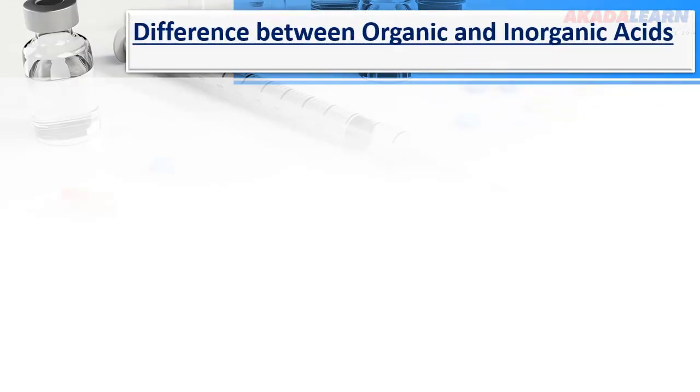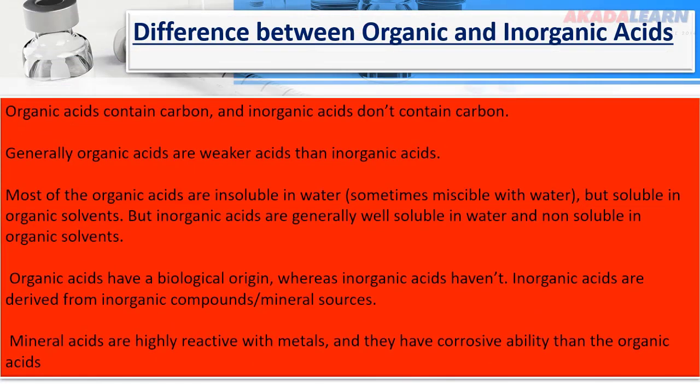So now let's take a quick rundown of the difference between organic and inorganic acids. Organic acids contain carbon, and inorganic acids necessarily do not contain carbon. Generally, organic acids are weaker acids than inorganic acids.